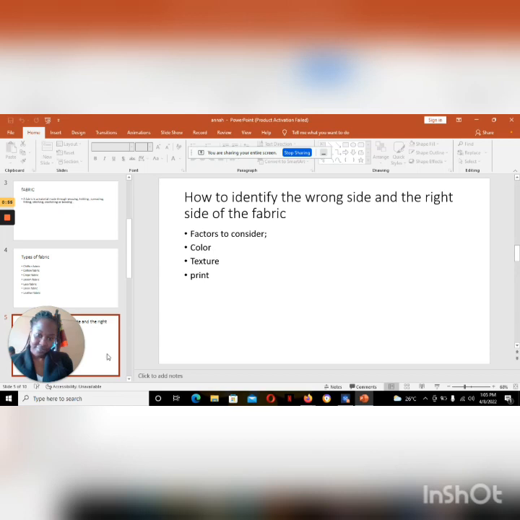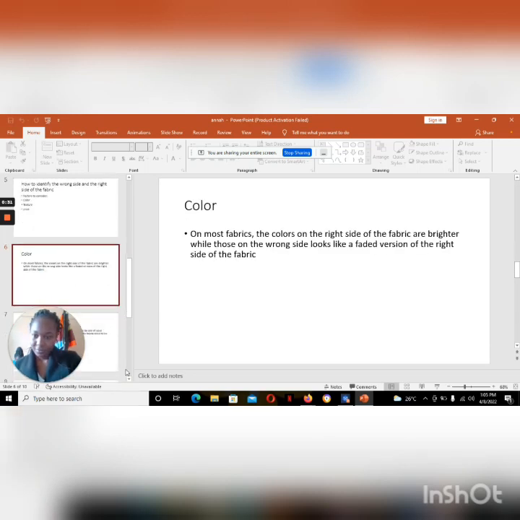With print, on the right side, they are more conspicuous than on the wrong side of the fabric. Okay, I'll continue in the next class.